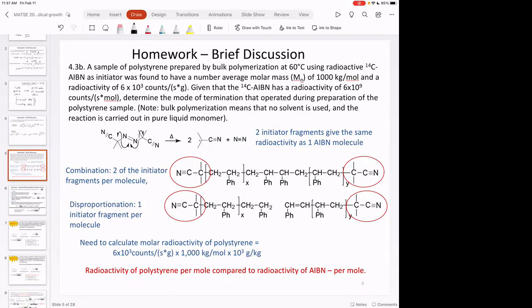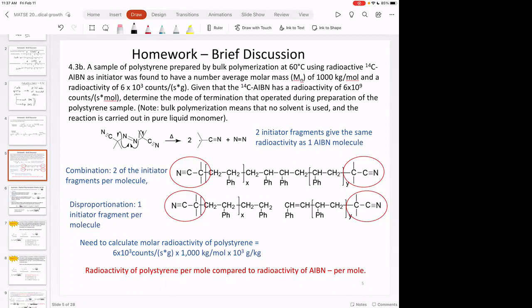And remember, these 2 AIBN N groups came from one AIBN molecule, right? The AIBN has a molar radioactivity of the whole molecule, not the N group, not the 1 carbon. And so I have 1 mole of polystyrene and 1 mole of AIBN if they're all terminated by combination.